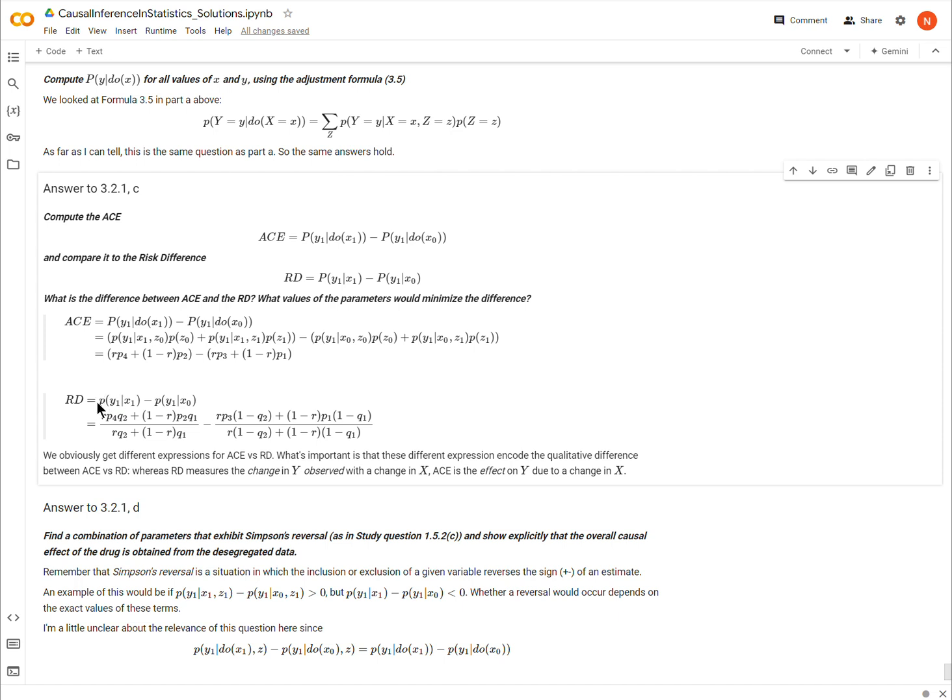The important thing to recognize is that this is not the same expression as this. I think that's the key point here. And similarly, taking it to the r's and p's and q's, this is not equal to this. So I think the thing that's trying to be illustrated here is that the ACE and the risk difference are different quantities. Sometimes they can be the same, like I said, if Z is already independent of X or vice versa.